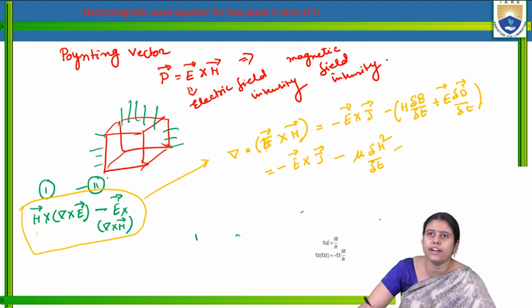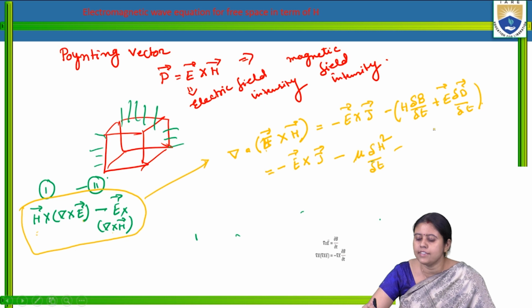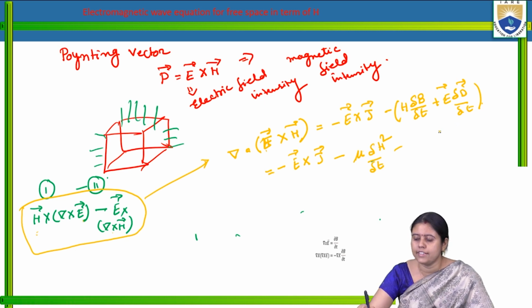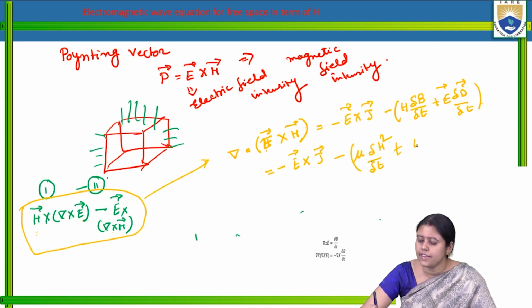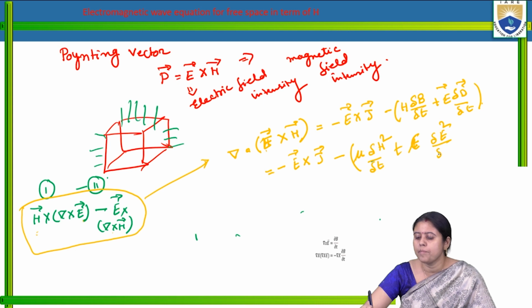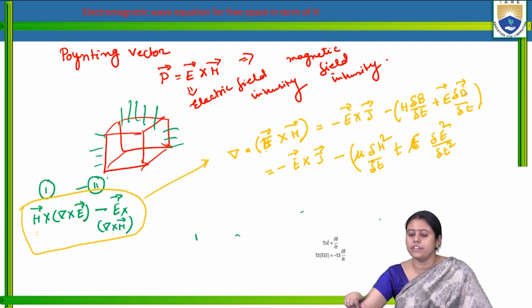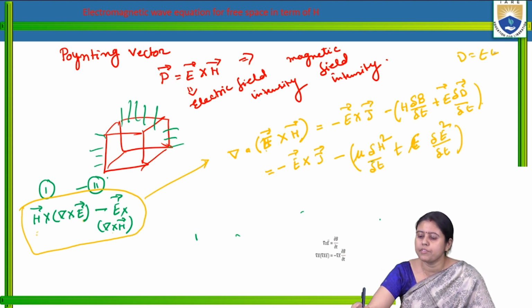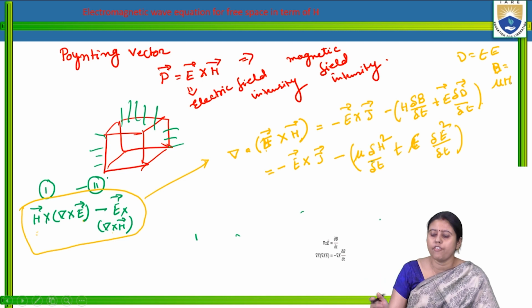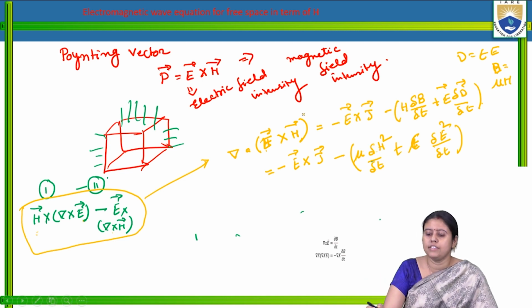D is equal to epsilon E. So we can also write plus epsilon, del E square by del T square. D is equal to epsilon E, and B is equal to mu into H. We are using the formula, so mu into H inside.